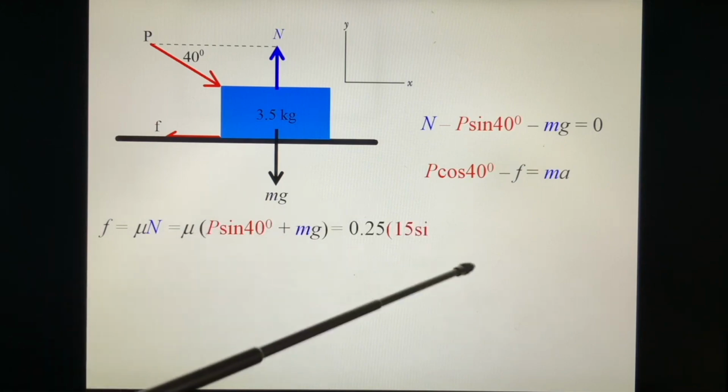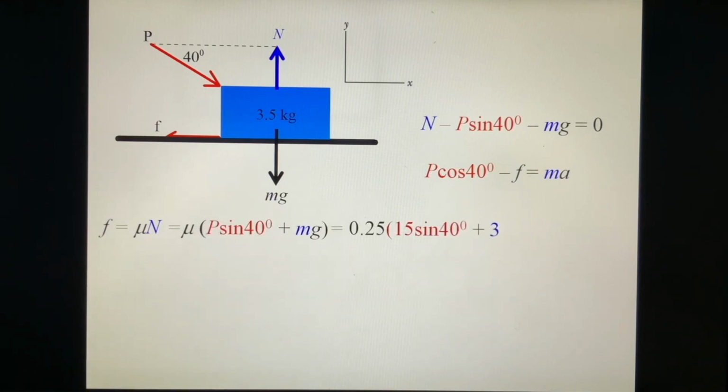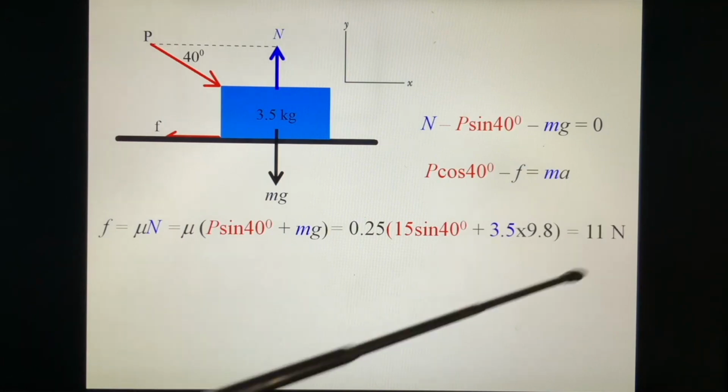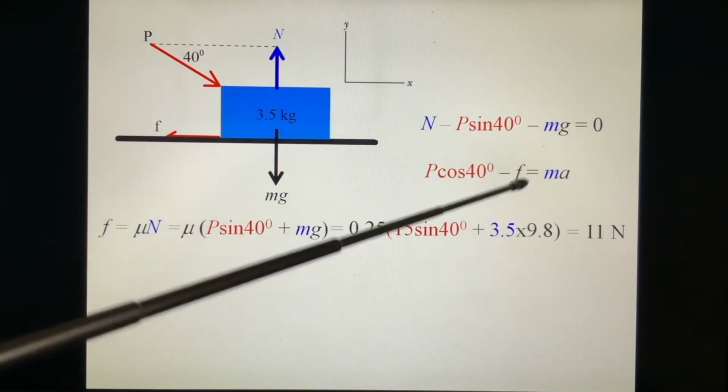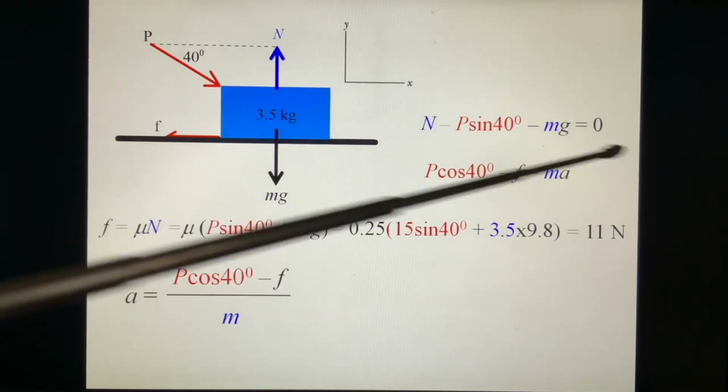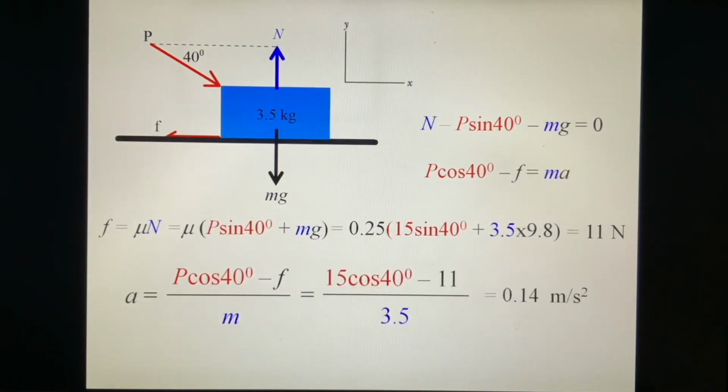And we put this in, we get F. F is 11 Newtons. We put F in, then you can get A. A is 0.14 meters per second squared.